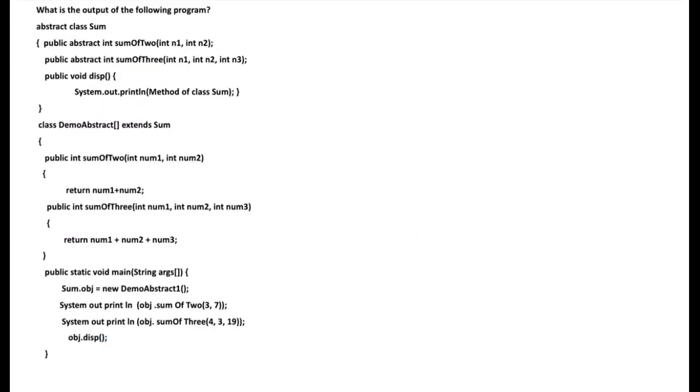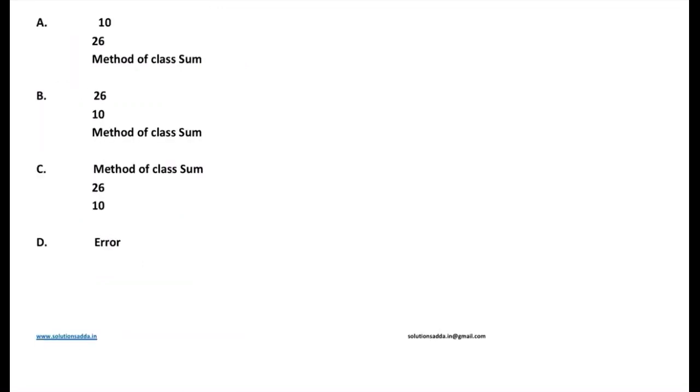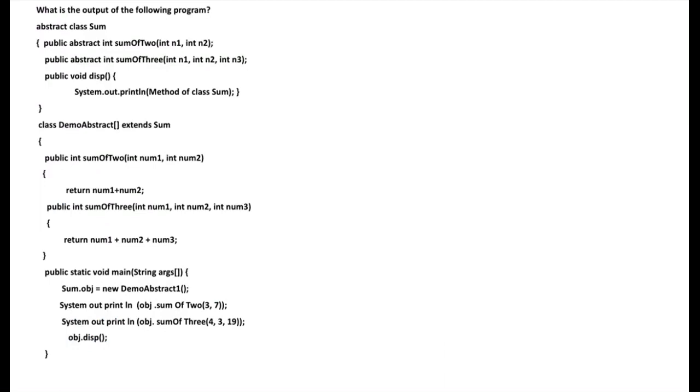This is a question from Java programming. What is the output of the following program? Basically we have been given a program and we need to find the output. Options are 10, 26, method of class sum, 26 10, or error. We are passing two parameters here, 3 and 7, and for the other function, sum of 3, we are passing 4, 3 and 19.